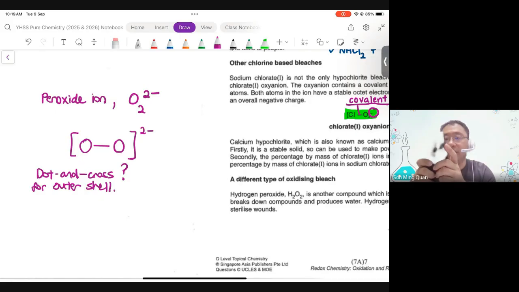Then Kayla, you need to put a square bracket and put the 2 minus outside. I'll give 1 more minute before I show you the answer.